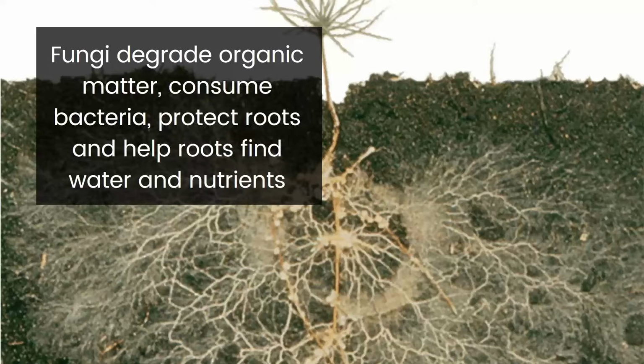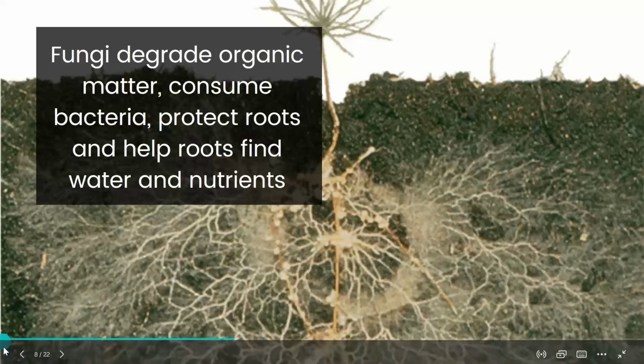So the bacteria and fungi, as far as their primary functions, are working, one on one side of things, one on the other side of things, and then you have a symbiotic relationship there, where you can really get a much better flow of water and nutrients to the plant.